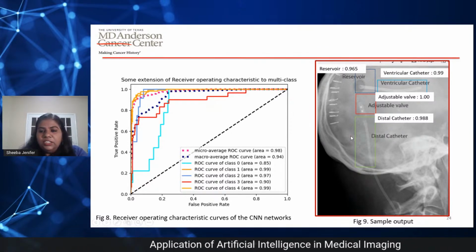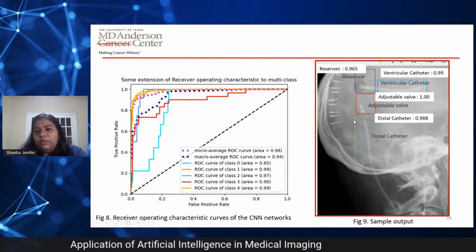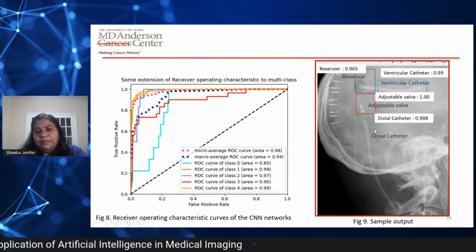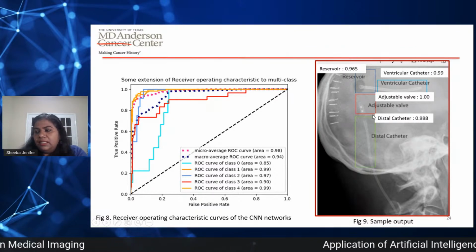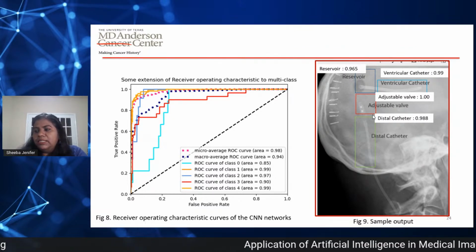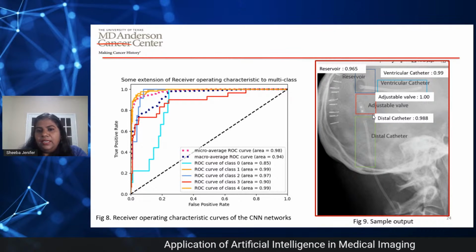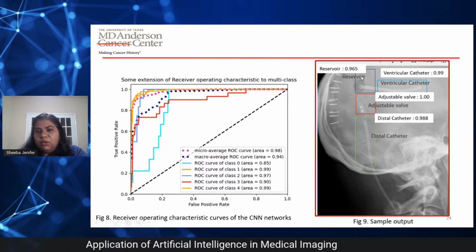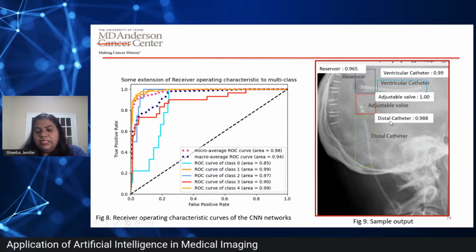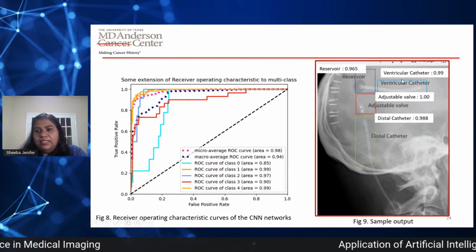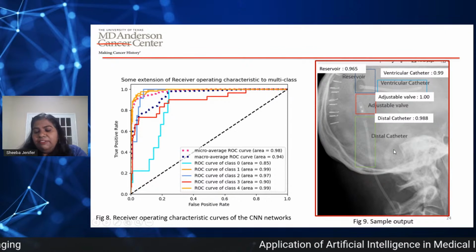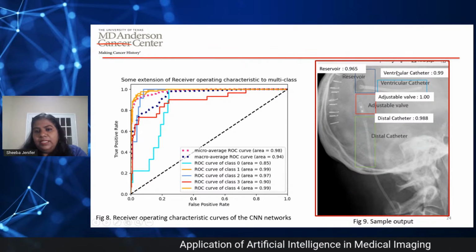An extension of this project is not only to detect whether the X-ray has a valve or not, it can also be extended to detect different objects inside the brain, like if there's any reservoir, or any distal catheter or ventricular catheter inside the brain. So each and every object can be detected.